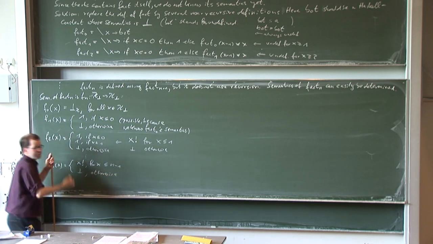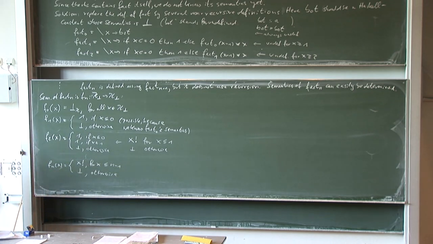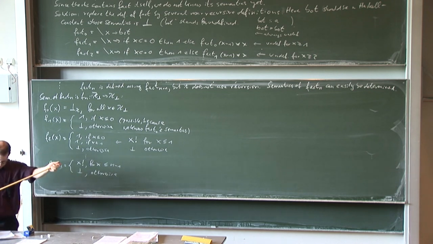So we have seen these functions before. This is what I called fact0, fact1, fact2 on this slide over there. So this is the example that we had before. Okay, and since all these functions are defined without recursion, it is no problem to determine their semantics.